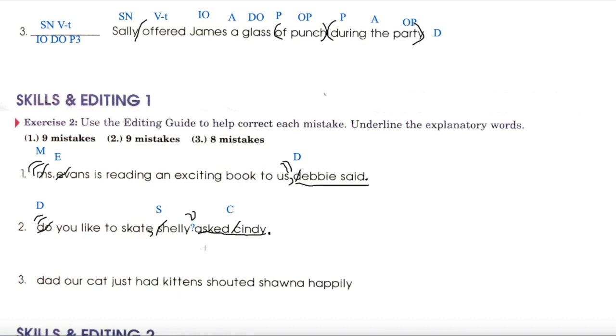The baby is finally asleep, whispered Mom tiredly. Okay, let's go through each of the rules here. Let's first underline our explanatory words. Shouted Shauna happily. Next, let's put in our quotation marks.